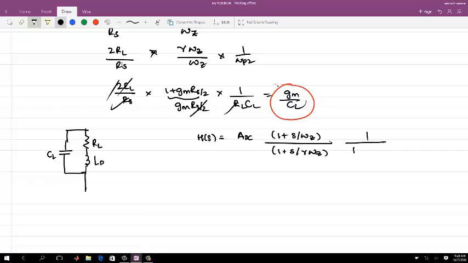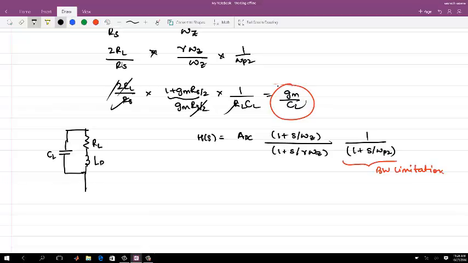Okay, and 1 plus S by omega P2. So which is the bandwidth limiting factor because of CL? Omega P2, right? So this is the bandwidth limiting in your regular case. Now in place of only RL and CL, I am having an LD also there. Okay, so what will that do?